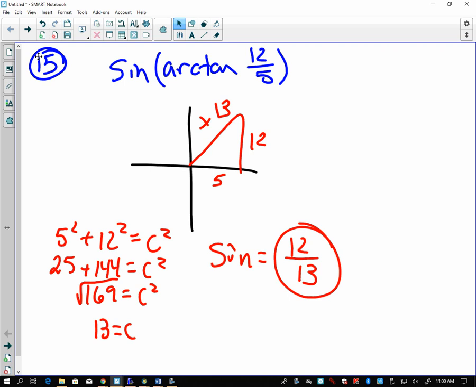So if it's just an arc function, I'm looking for the degree and I'll use the inverse function to find it. Does that make sense? Okay, that's a good question. But you won't be faced with that, I don't believe, on this test. But good to be prepared.